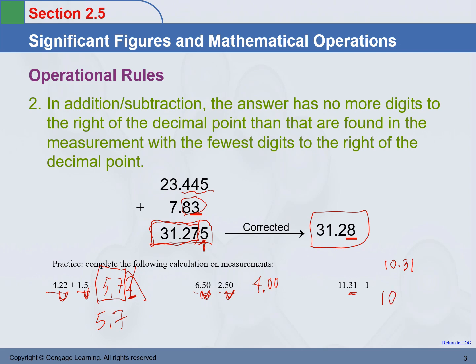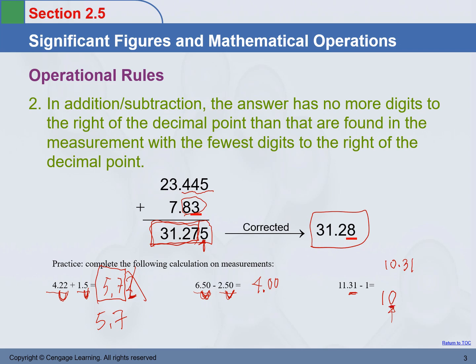Now, again, you need to be very careful. Whenever an answer in your calculation ends with 0, you need to be very careful. Okay, you are following the rule. However, there's one more thing you need to keep in mind. If you are following the rule to get an answer, all the digits in that answer must be significant, which means you need to find a way to make the trailing zero significant.